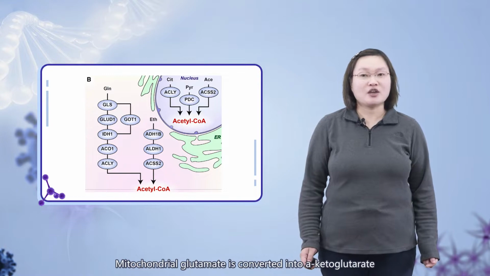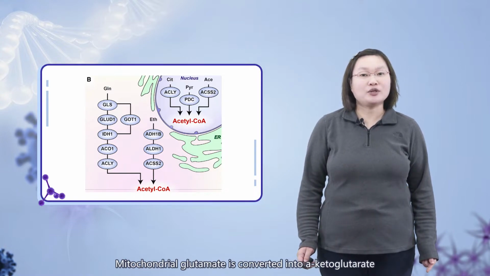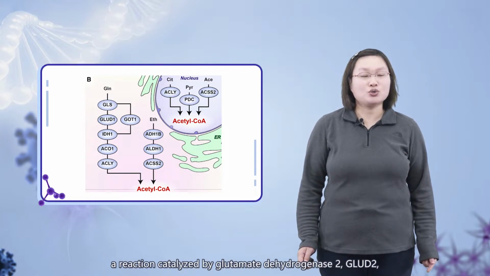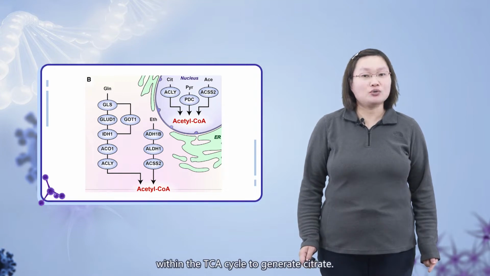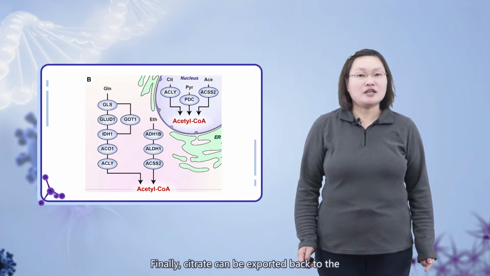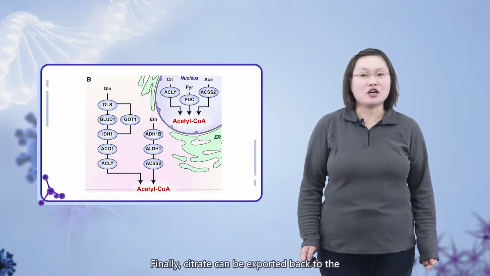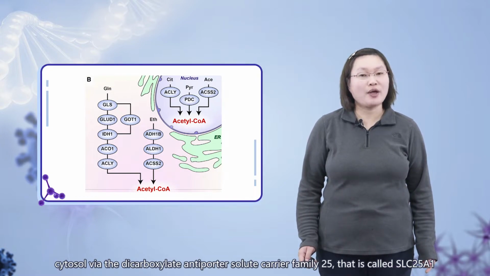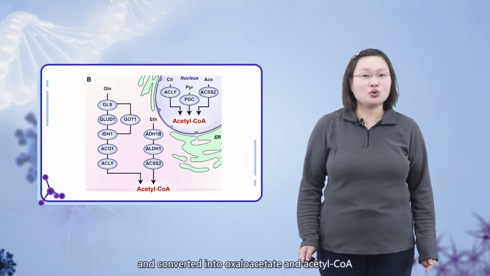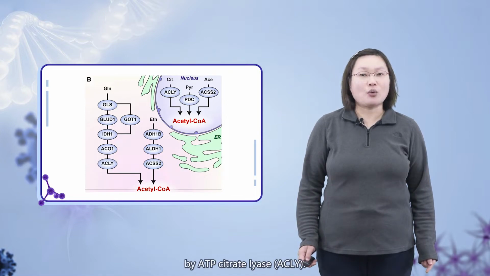Mitochondrial glutamate is converted into alpha-ketoglutarate, a reaction catalyzed by glutamate dehydrogenase 2, GLUD2, which undergoes reductive carboxylation within the TCA cycle to generate citrate. Finally, citrate can be exported back to the cytosol by the tricarboxylate antiporter solute carrier family 25 member 1, SLC25A1, and converted into oxaloacetate and acetyl CoA by ATP citrate lyase, ACLY.